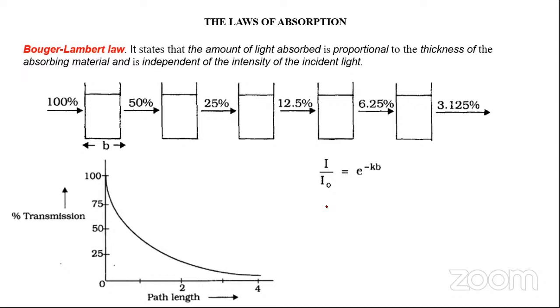Okay, good enough. So now we have arrived at a relation which is somewhat like transmittance is going to decrease exponentially as the path length increases. And the negative sign indicates that there is a negative slope to this decrease in transmittance.